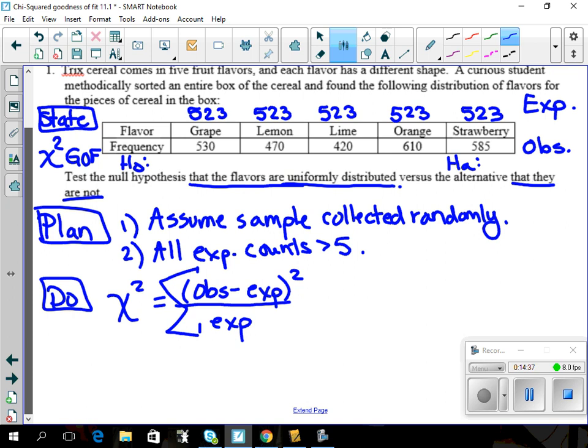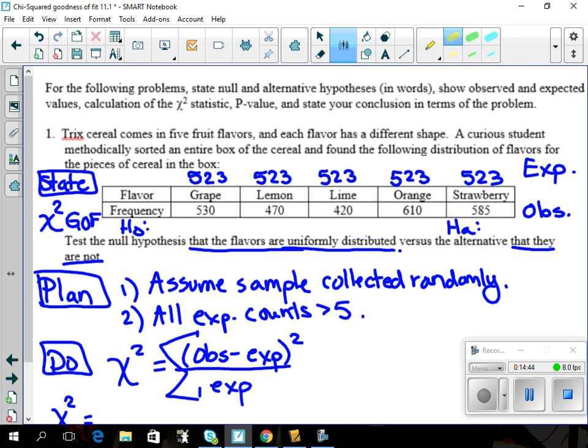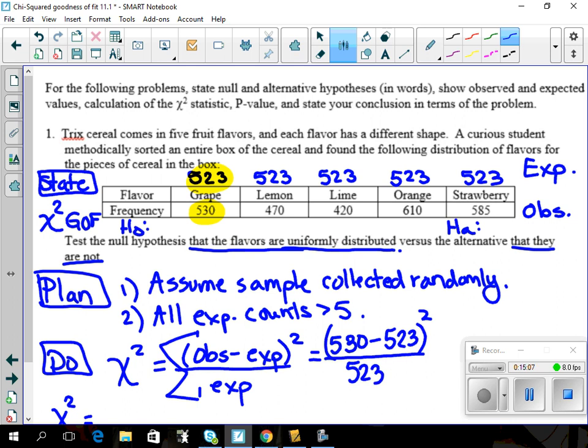So what does that look like to us? Well, you're going to take each cell and use those numbers. So our observed for grape would be 530 minus 523 quantity squared divided by 523 plus, are we okay with what I'm doing?